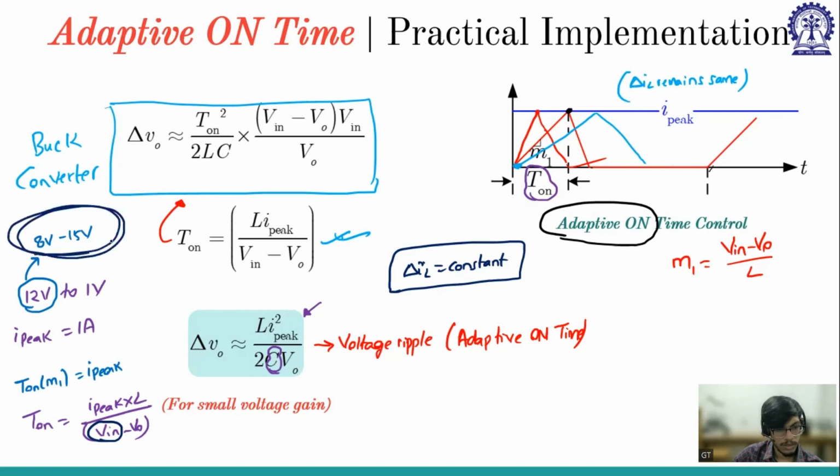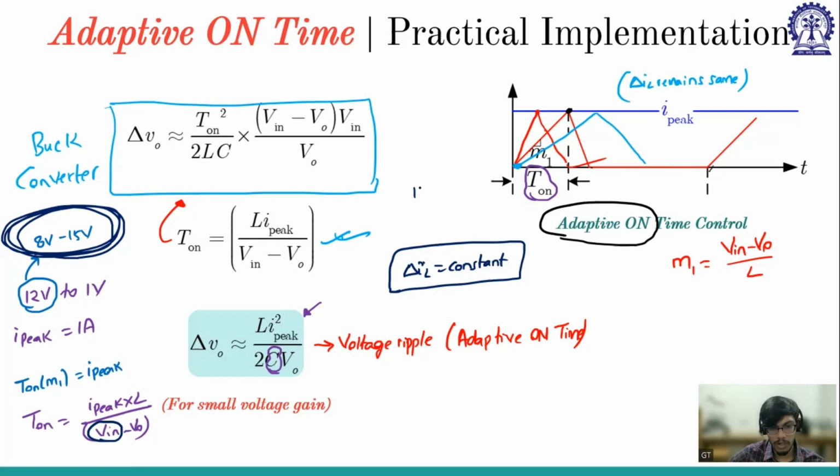But my input has some variation. In that case, what's going to be the on time that is constant over the entire band of the input? See, in the constant on time, on time is fixed irrespective of the input voltage, and it is fixed throughout. But in the case of adaptive on time, on time will adapt based on the input voltage, but it is also a constant.